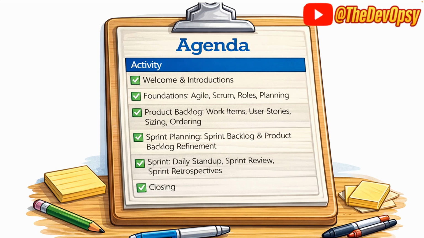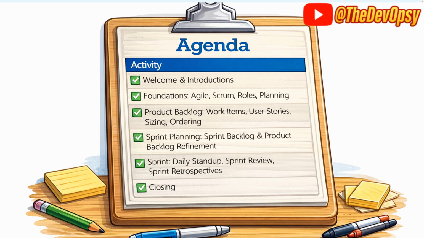And how do you create the sprint backlog? How do you do product backlog refinement? And then a typical sprint cycle where you will be performing daily stand-ups, sprint reviews and sprint retrospectives. And then we'll have some closing thoughts with all the knowledge. I'll have a quiz or maybe some Q&A sessions, which will help us understand how much you have grasped.